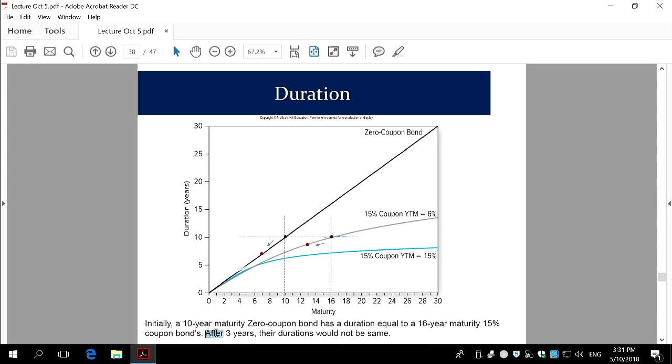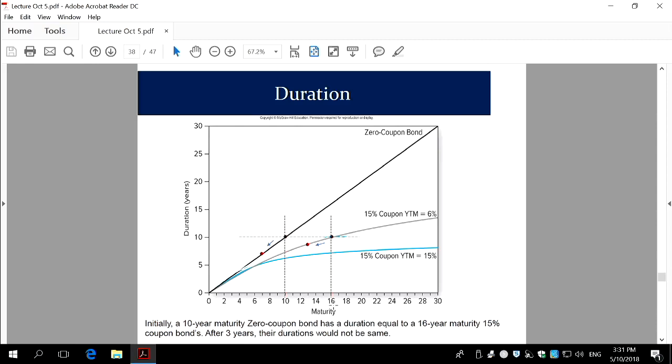But the question is, after 3 years, if the time just passes by, then this 10-year zero coupon bond becomes a 7-year zero coupon bond, right? After 3 years, the 10-year zero coupon bond will become a 7-year zero coupon bond. So it moved from this black dot to the red dot.